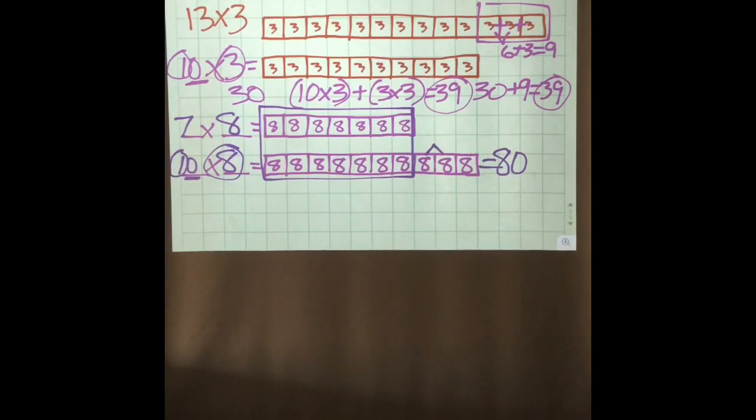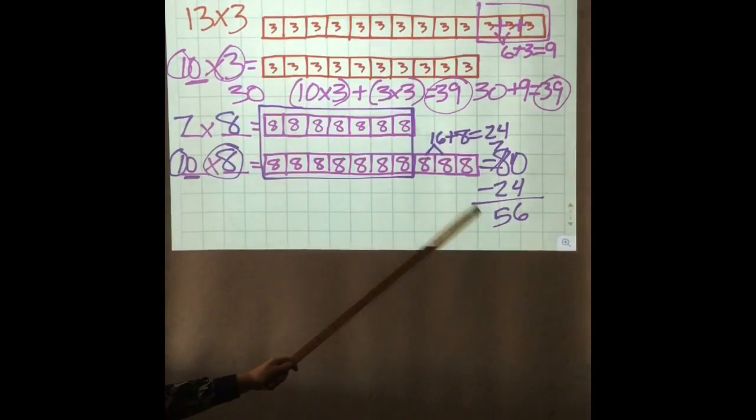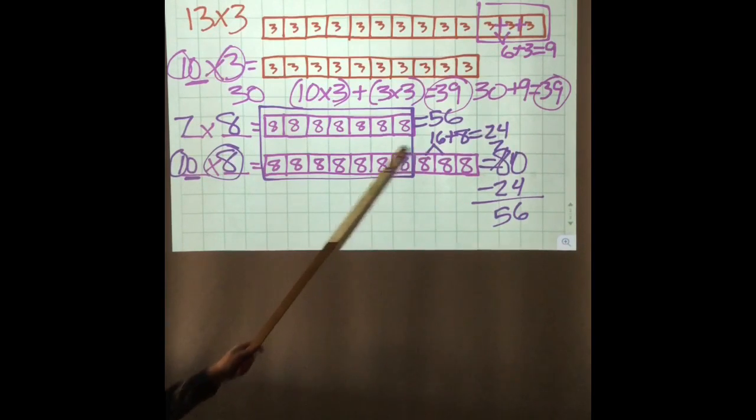Well, our difference is 8 plus 8 is 16, plus 8 is 24, right? So we could take 24 away from 80, and it's going to give us 56. So our answer to our 7 times 8 is actually 56, isn't it? So I'm going to put that here. And that's the way you can do your homework.